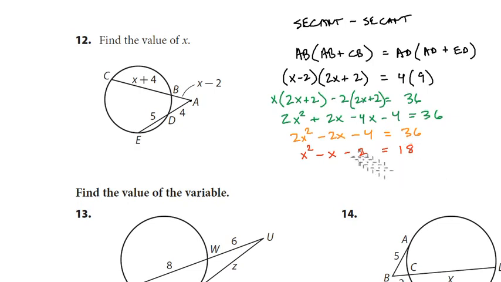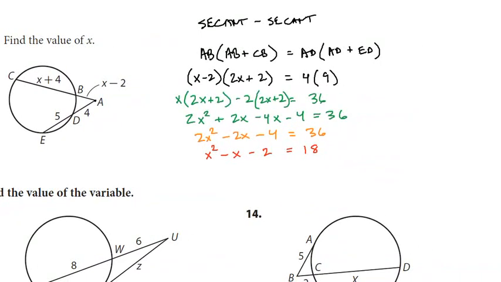And then I'm going to solve this either by quadratic formula or by factoring. But before I do that, I have to move the 18 to the other side. I'm going to subtract 18 from both sides. We've got x squared minus x, negative 2 minus 18 is negative 20, equals 0.